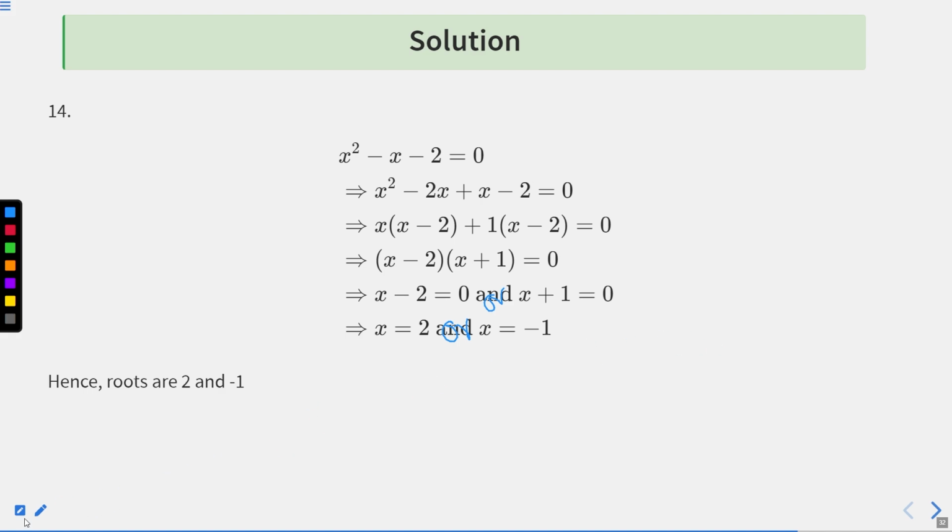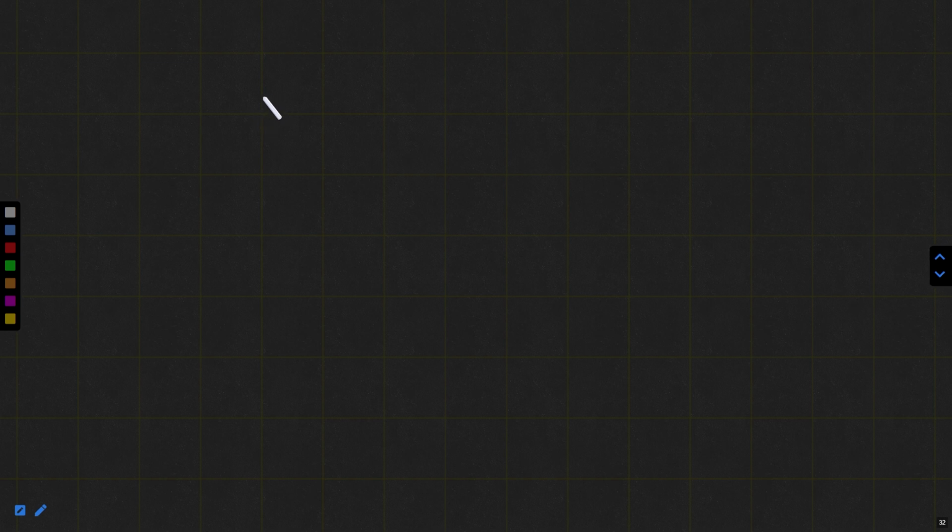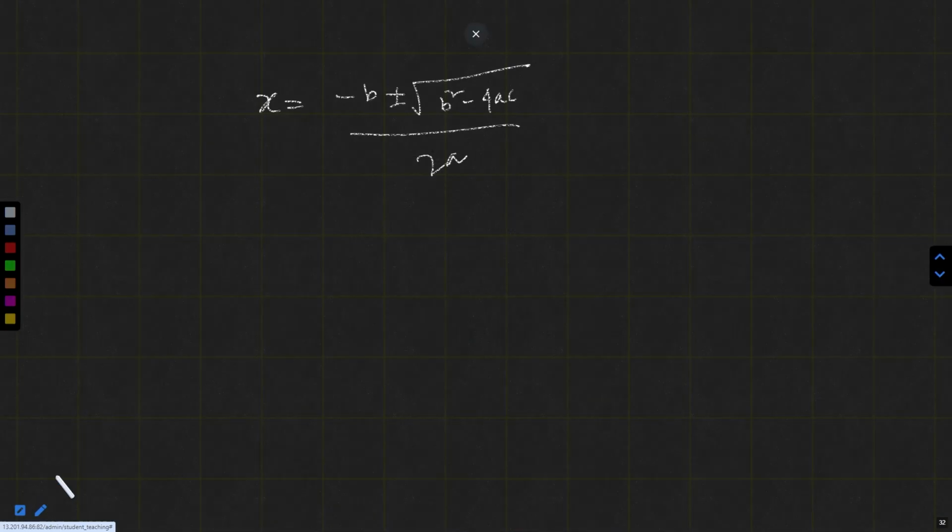Here we can also use the quadratic formula. We know the quadratic formula: x is equal to minus b plus minus root over b square minus 4ac, divided by 2a. Here we have the quadratic equation x square minus x minus 2.